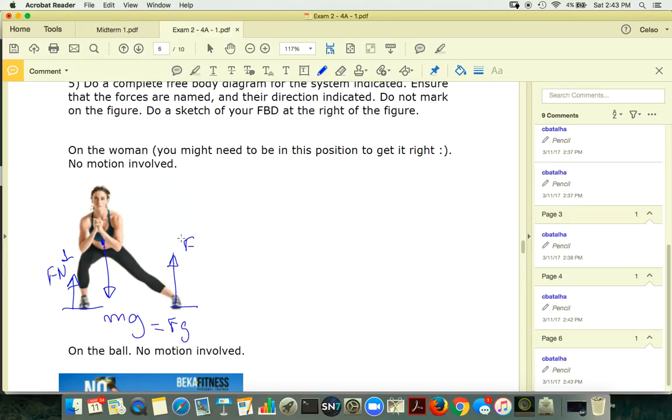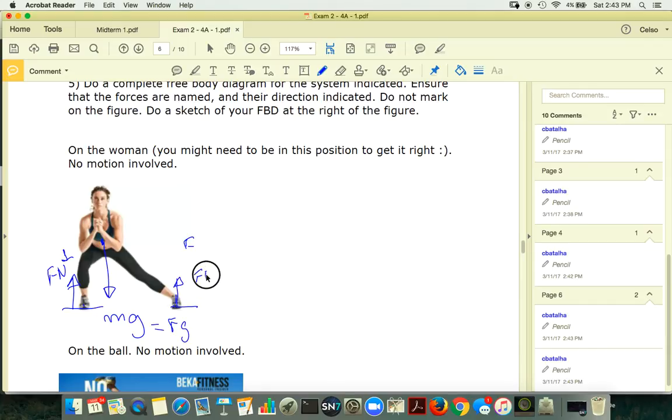And I'm putting this vector in a funny size. Shouldn't be like that, right? Because the normal force in this foot should be less than the other one. In fact, this should be bigger.